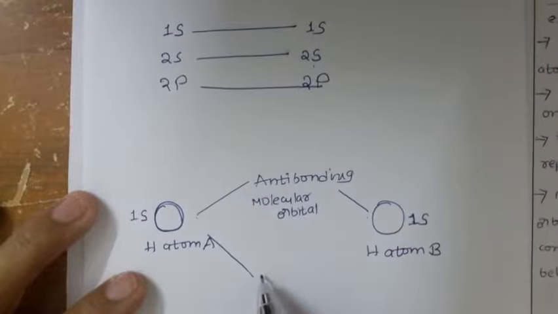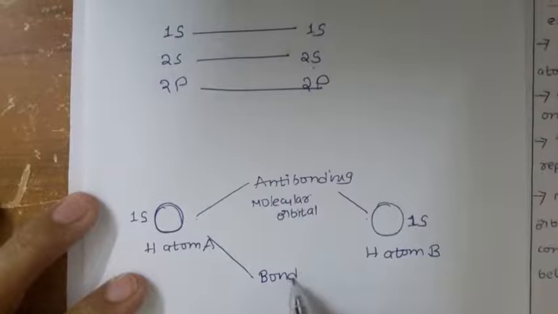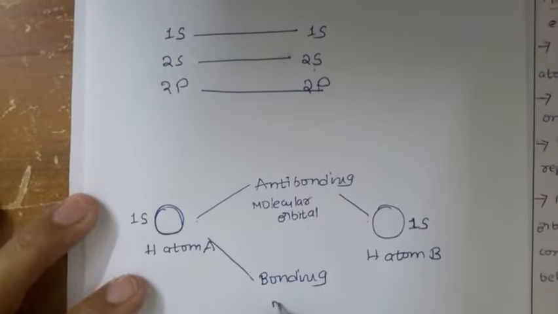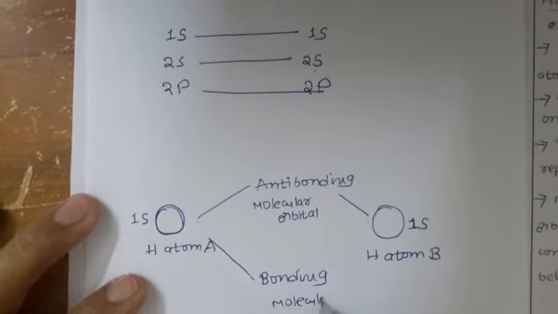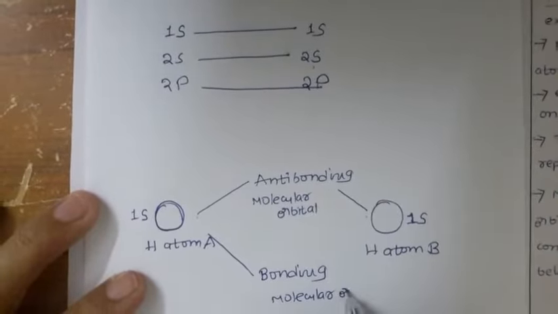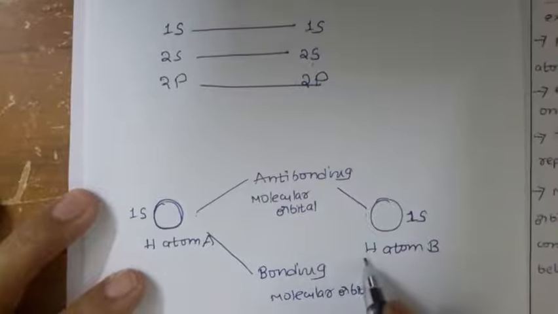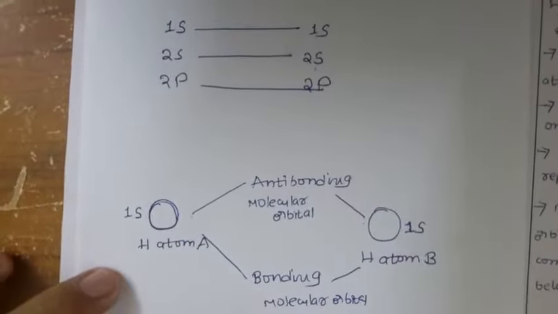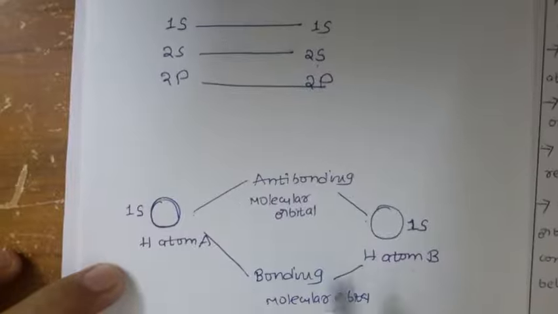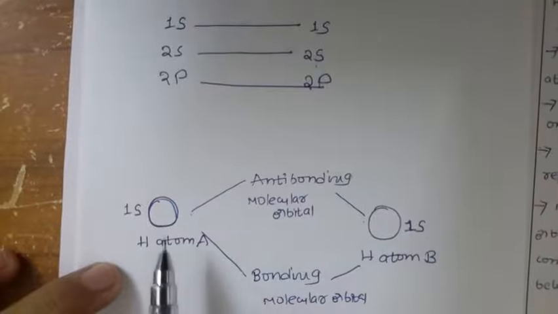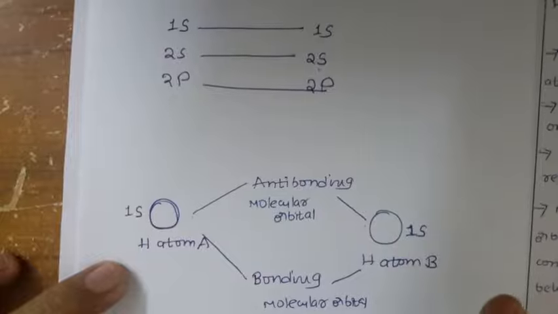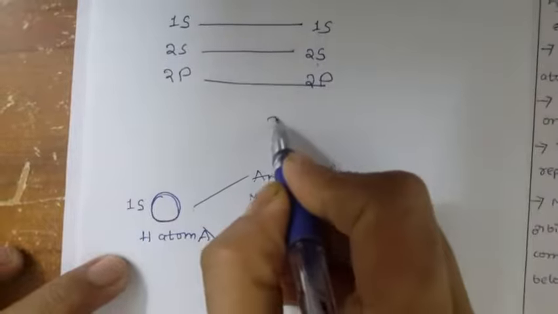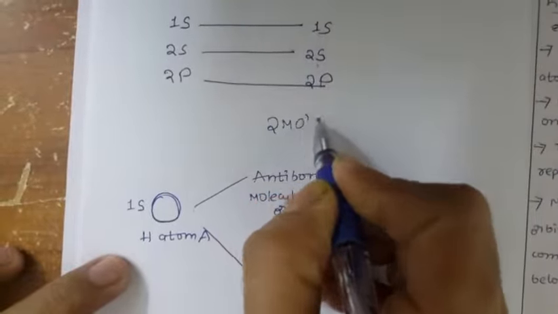Another is called the bonding molecular orbital. How many molecular orbitals are going to form? It depends on the number of atomic orbitals. Here we have 1 plus 1, which means 2.